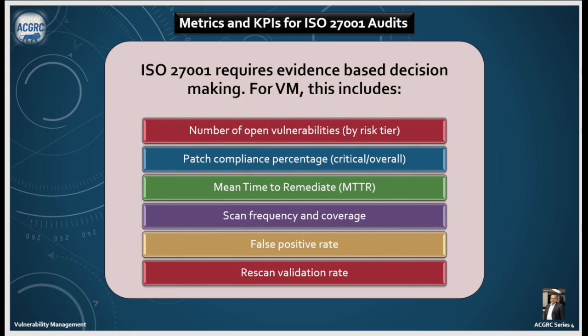This aligns beautifully with clause 6, which is planning, clause 9, which is evaluation, and clause 10, which is improvement. In summary, metrics and KPIs in ISO 27001 show whether your security processes, including vulnerability management, are effective, improving, and audit ready.